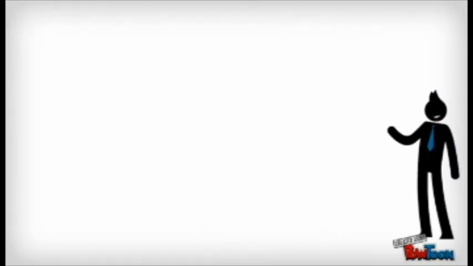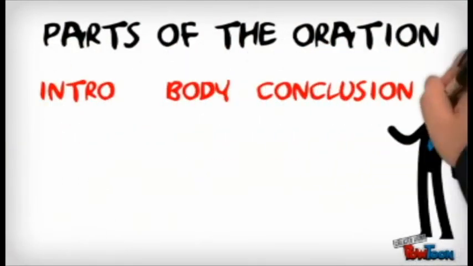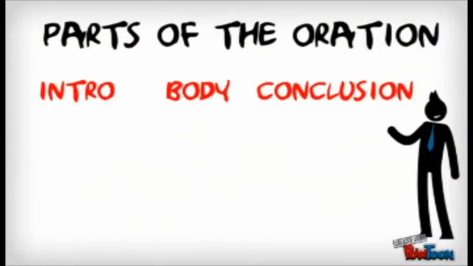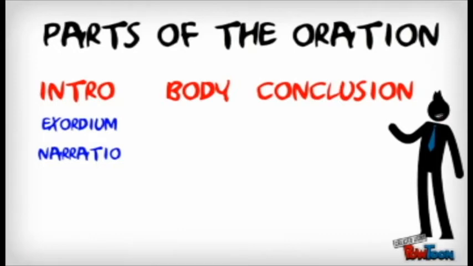As for the oration itself, a typical oration has 6 main parts, which we can roughly split up into the introduction, the body, and the conclusion. The introduction contains the first 2 parts: the exordium, where the orator wins the attention of the audience, and the narratio, where they give a summary of the facts.